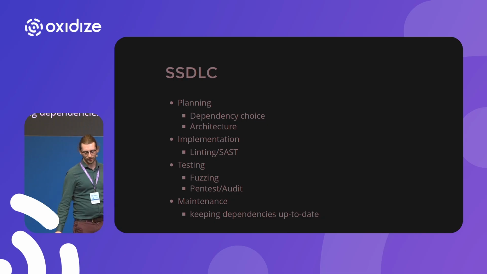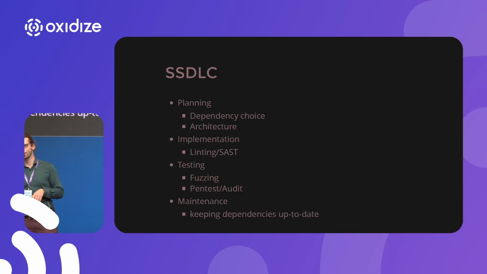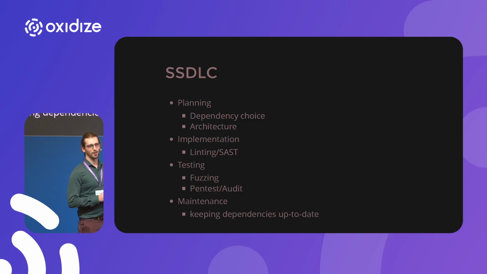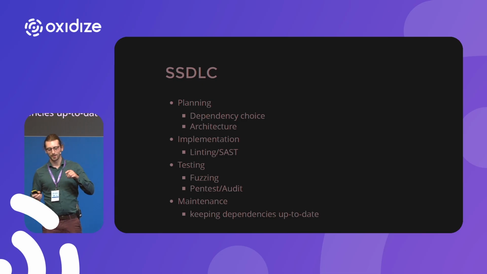And then there's testing, and of course you all have excellent functional testing and unit tests, and it's all test-driven development and fantastic. But in a security context, I like fuzzing. Fuzzing is fantastic. If you're not fuzzing, you should start. More on that later.